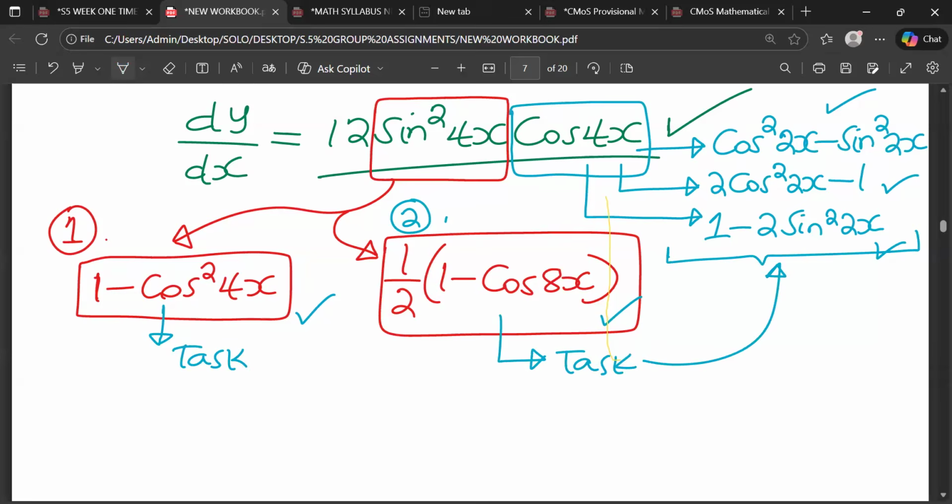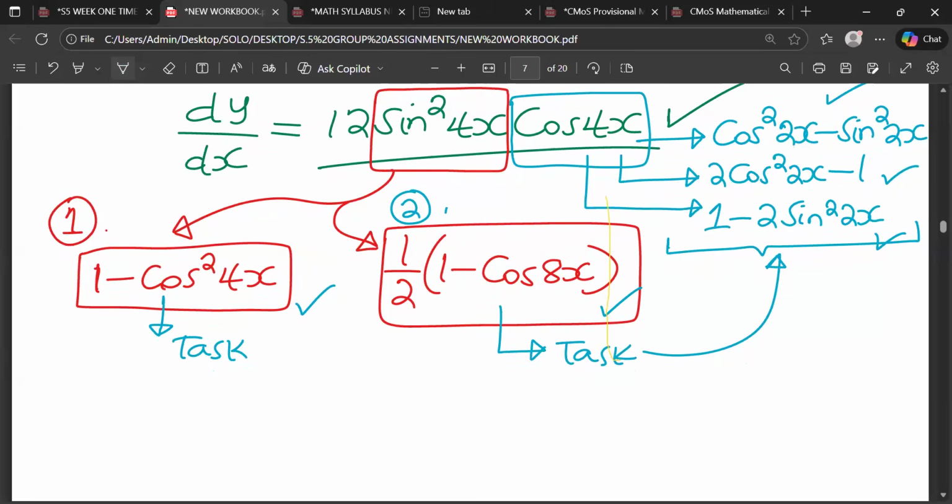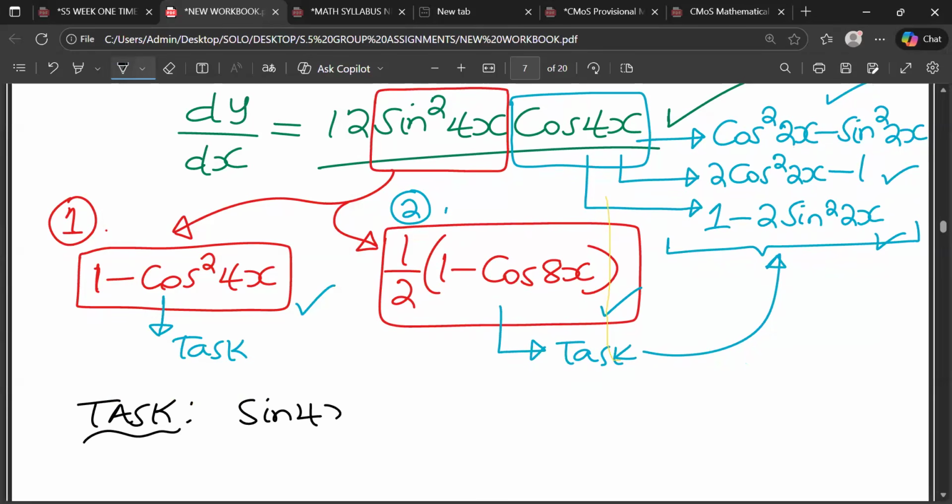Then the last one from that very question. Yes, the examiner may be forced to talk about something like this. Remember in that very question, I'm seeing there sine 4x. I'm seeing there cos 4x. Are people aware that those two together are the same as a half of sine 8x?